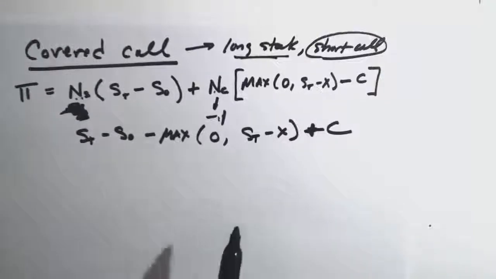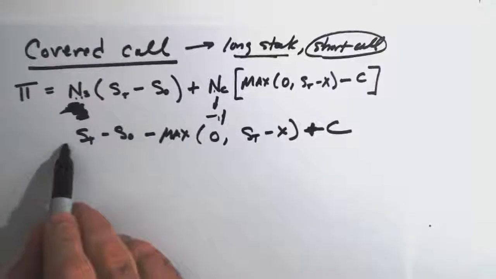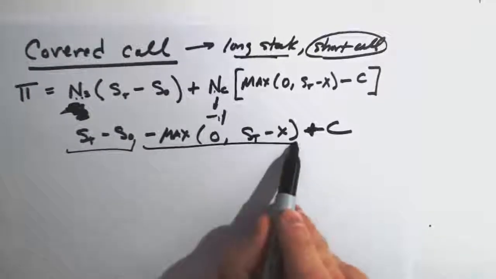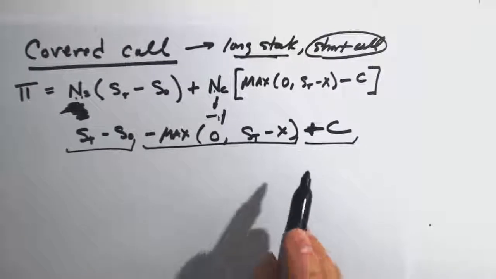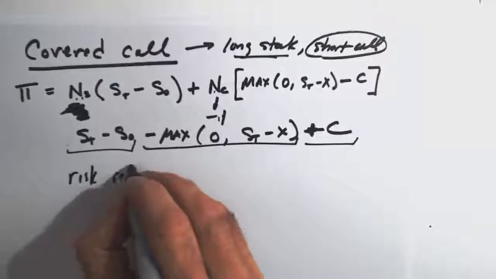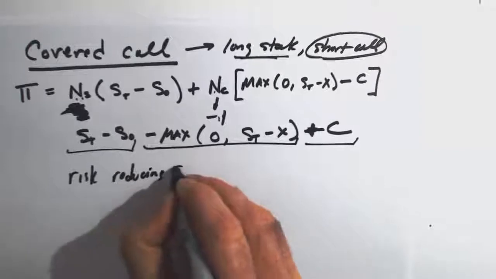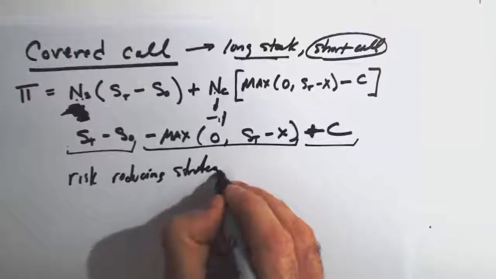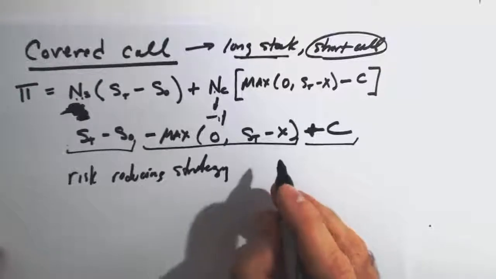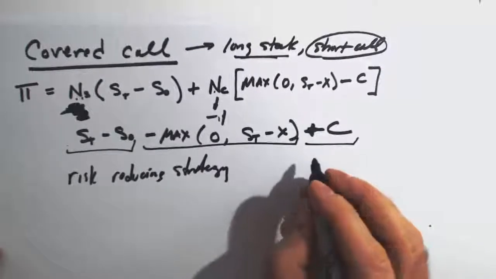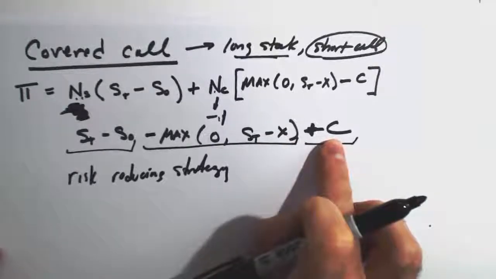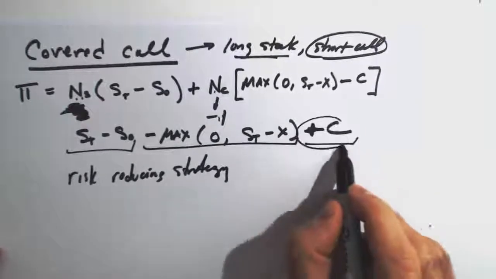I messed that up. So you've got the profit here from the stock, you've got the payoff, and then you've got the premium. And so this is a risk reducing strategy when you do a covered call. Basically what happens is you're trading away the potential upside of the stock for the for-sure cash that you're going to get.